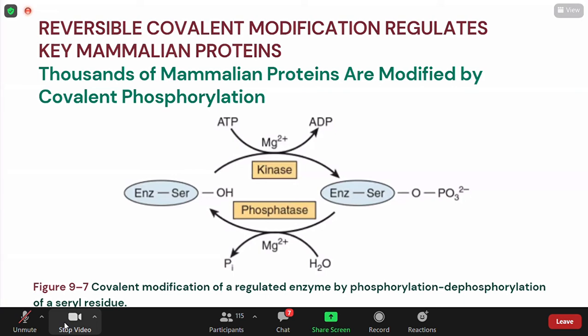You will have a salt bridge or ionic interaction. So what is the role of magnesium? Magnesium stabilizes the ATP here. That's why you need magnesium, because magnesium is positively charged too. 2 positive charges. That's the role of magnesium.